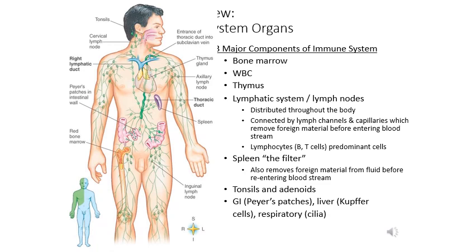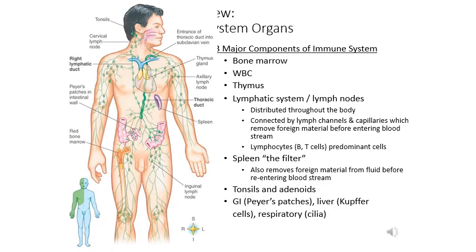Those are two types, but we will also be getting into the T cells and the B cells and their various functions. The thymus is responsible for production of the T cells, and the bone marrow is what's responsible for production of the B cells. So again, we will be talking about that as well.